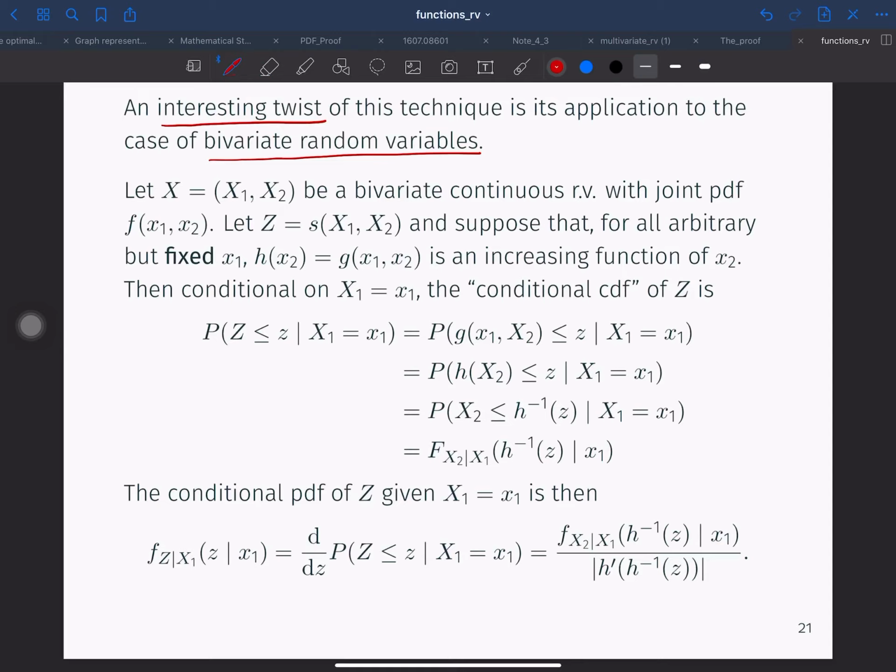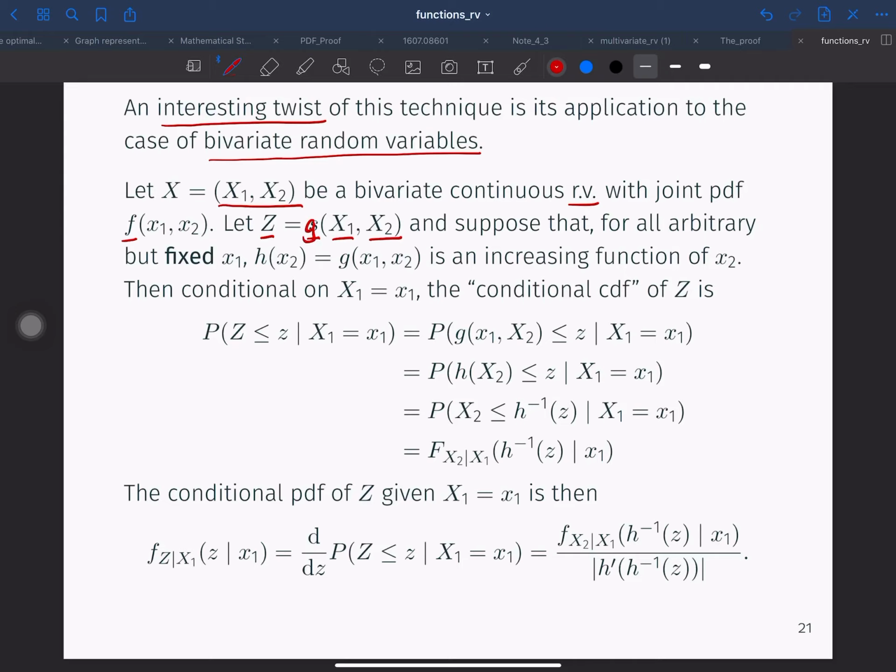Suppose I have a bivariate continuous random variable with joint PDF f here. And now I let a random variable Z be some function g of X1 and X2.